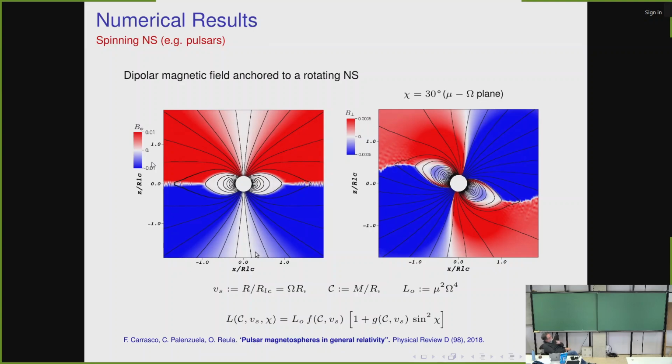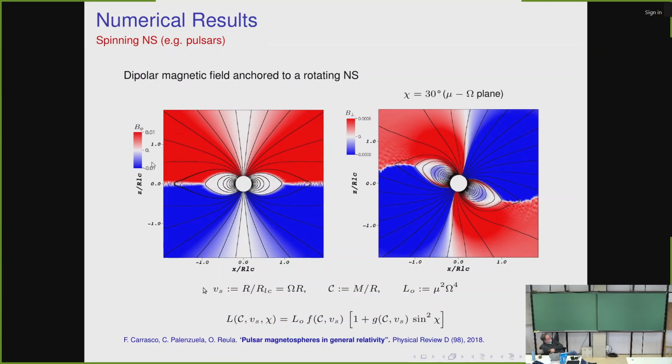So we study different configurations. There are a few dimensionless physical parameters. One is the inclination angle, the angle between the magnetic axis of the dipolar field we assume for the neutron star and the rotational axis.